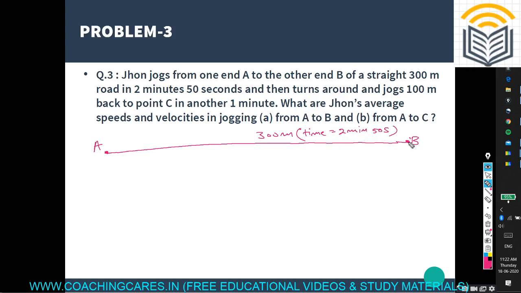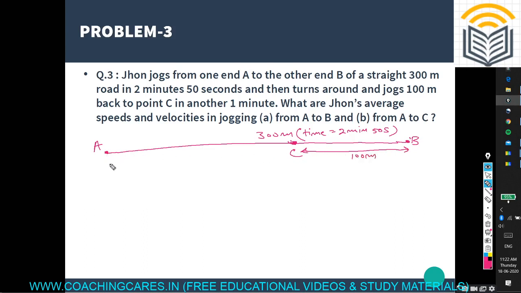Then he goes back to point C, say point C is here. This way, the distance is 100 meters.